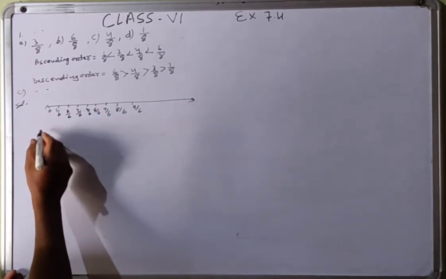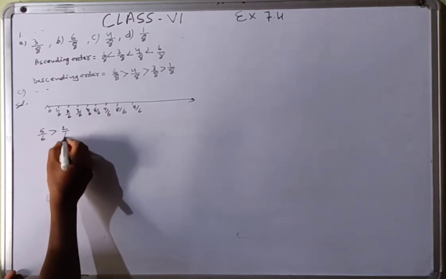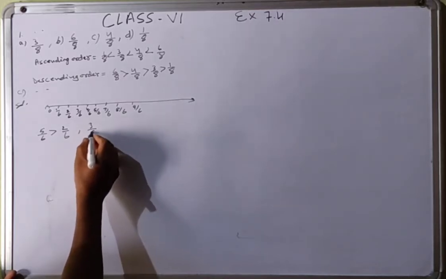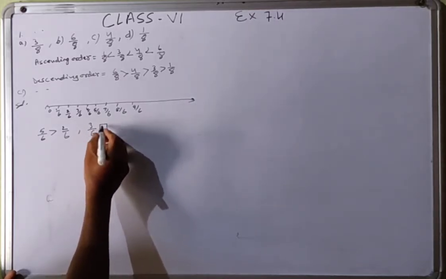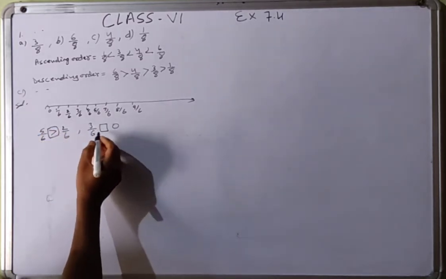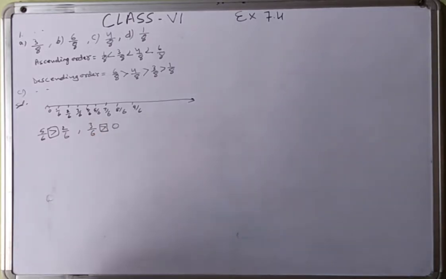So in the first box, 5 upon 6 is greater than 2 upon 6. 3 upon 6 and the box, 0. So we sign this: 3 upon 6 is greater than 0 because 0 is on the left side.